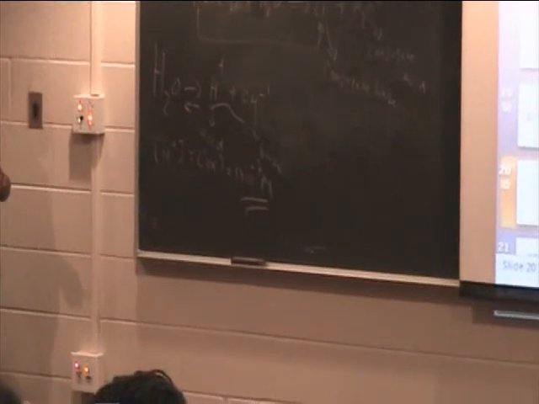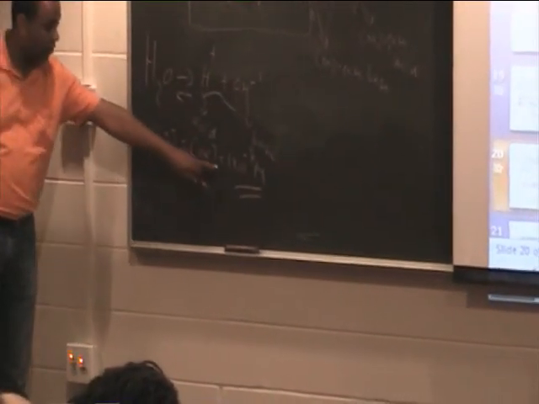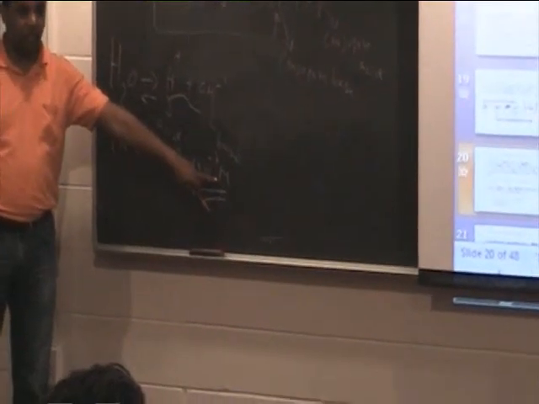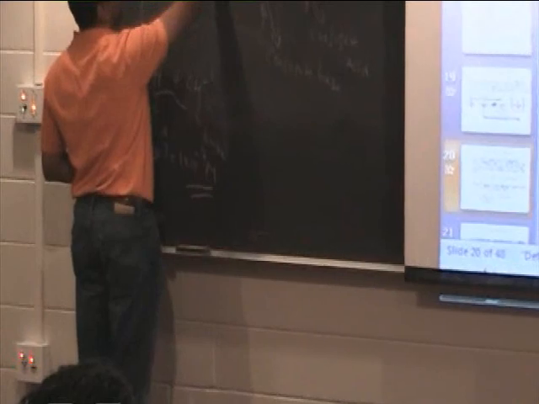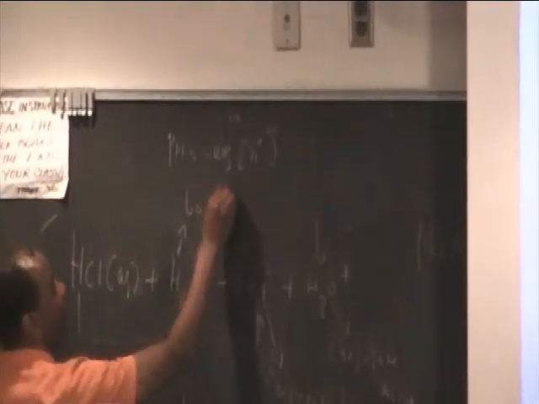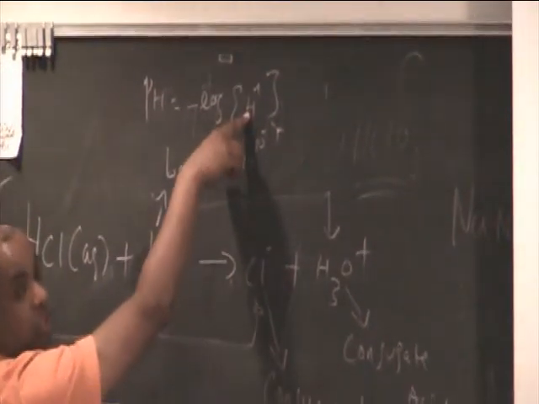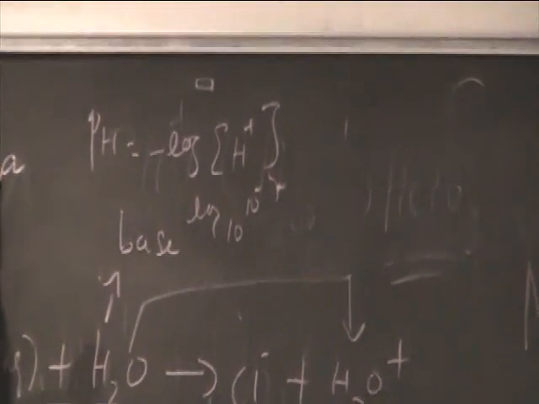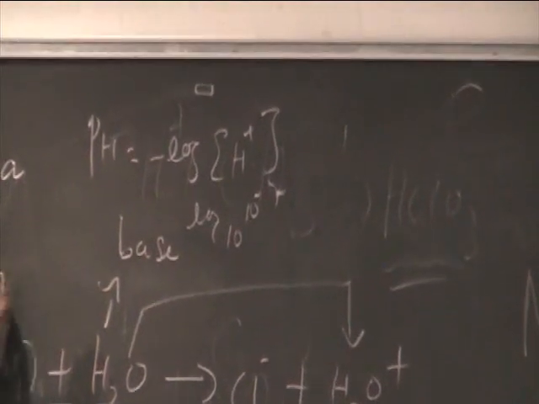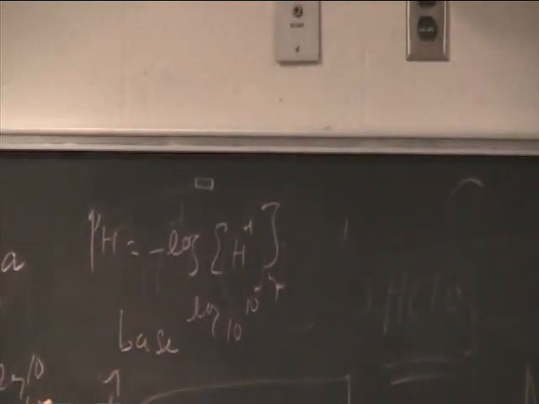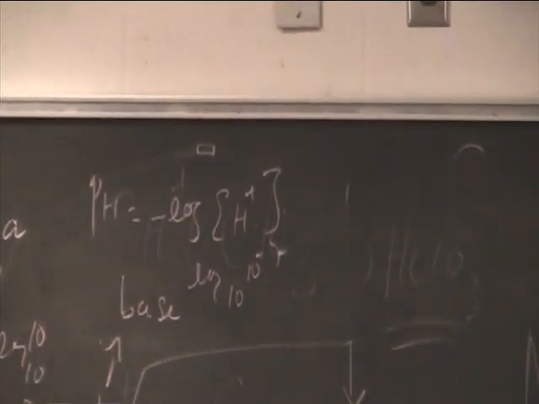Is that because they cancel each other out? No, they have the same amount. When you take the logarithm of this, the pH of water is 7, because pH is minus the logarithm of the concentration of H. So the logarithm of 10 to the power of minus 7: if you have the logarithm of 10 to the exponent A, it is the same as A times log base 10 of 10. That gives you 1, and 1 times 7 is 7.